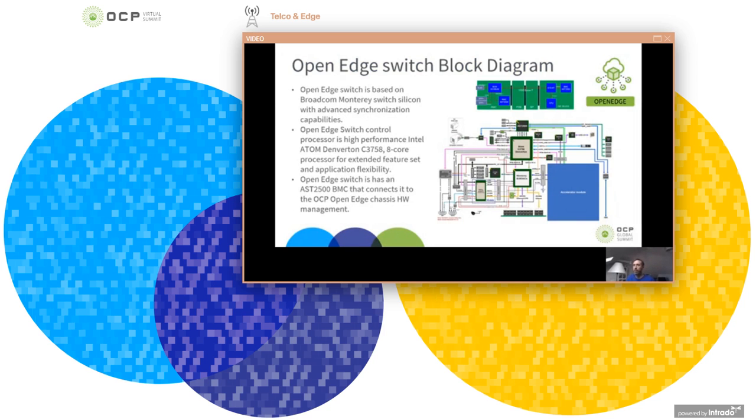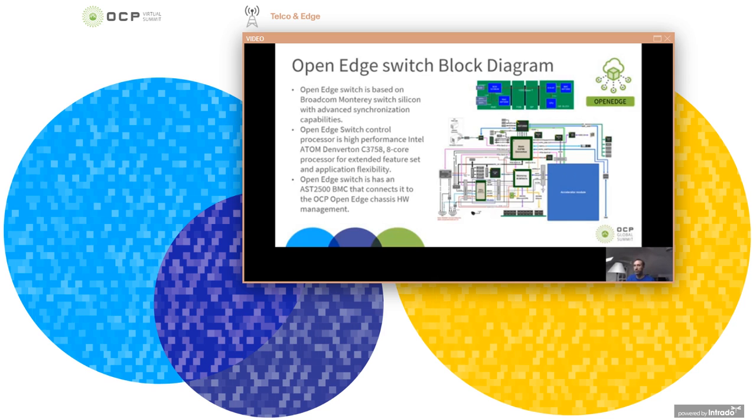Then briefly about the Open Edge switch block diagram. I will not go to the details of the design here, but for those who are interested in learning more and knowing the details of the design, I would then recommend that you take a look at the specification that we are contributing.